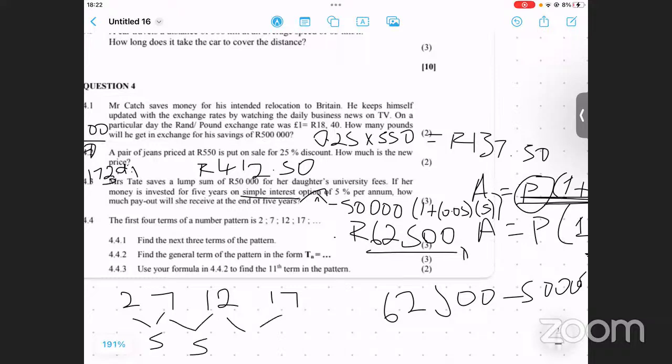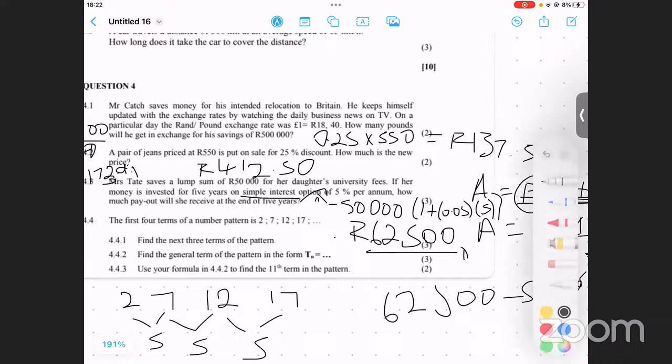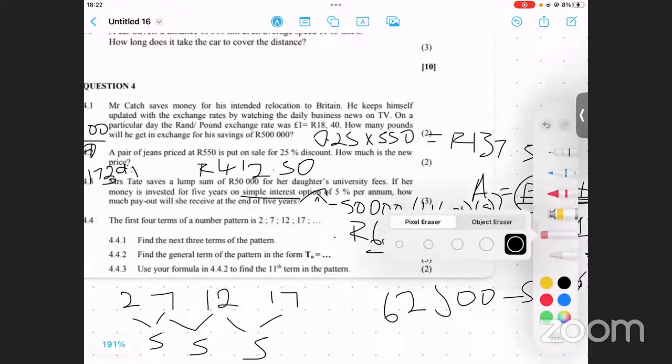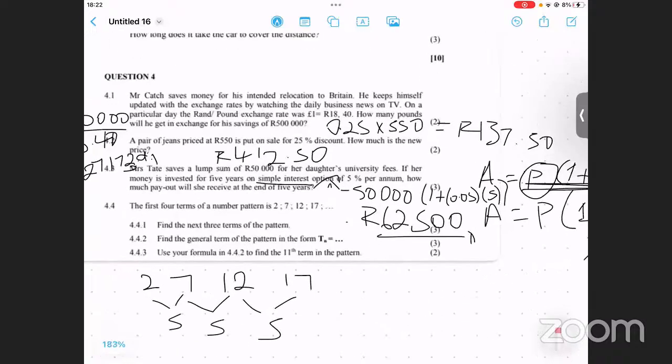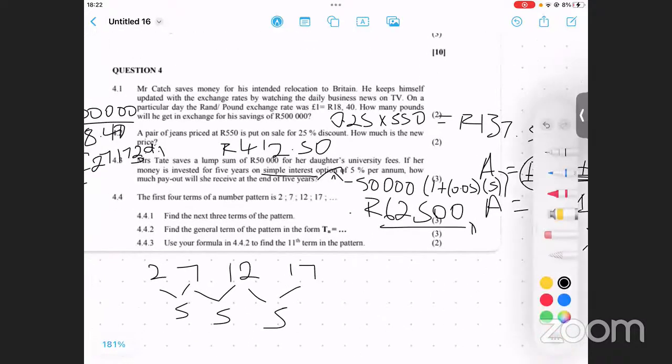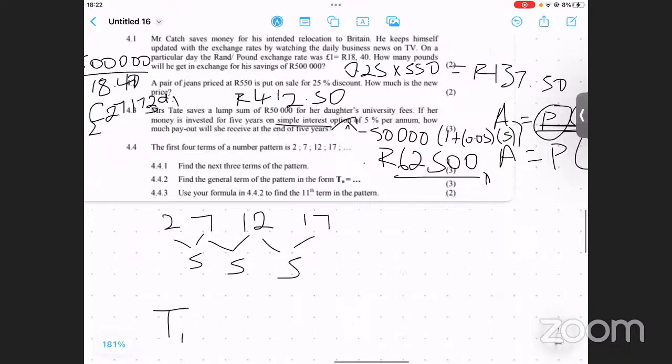So then what we can do is use the formula of Tn is equal to An plus B. And so for our Tn, we can say that 2 is our Tn, is equal to A, which is 5, n plus B. And we can substitute.